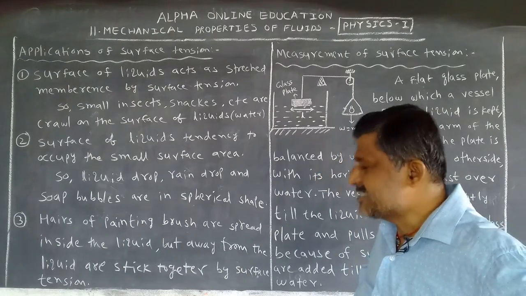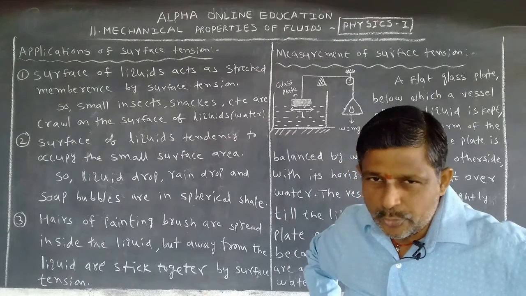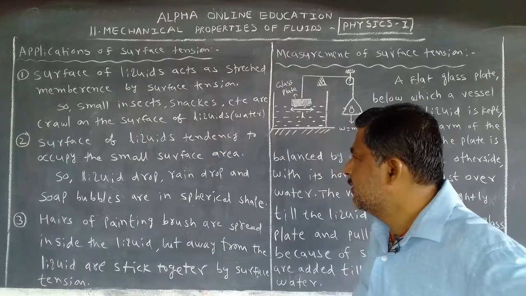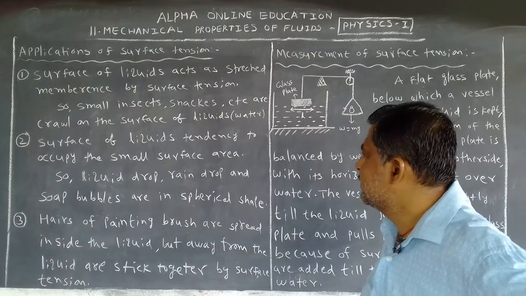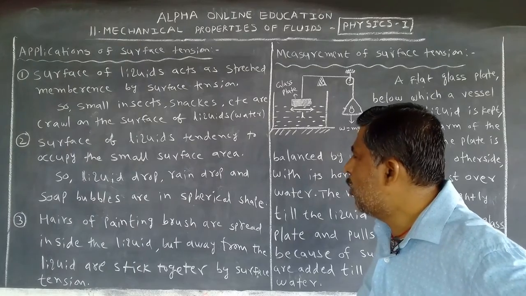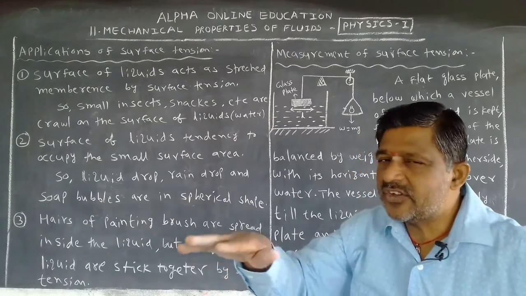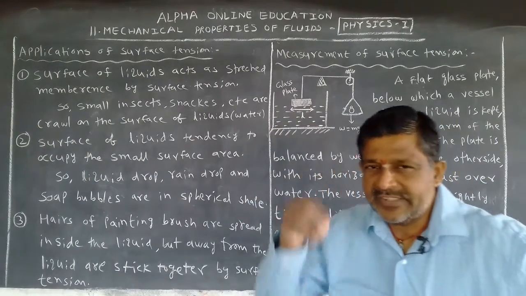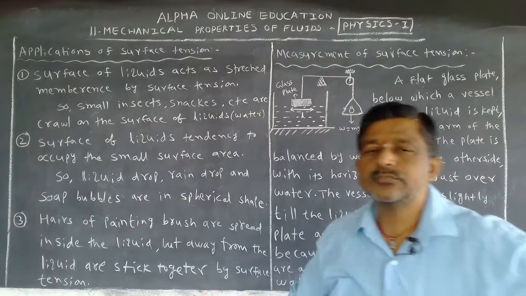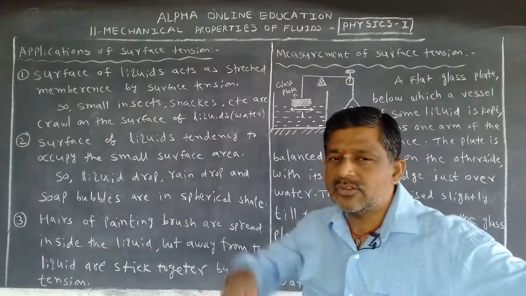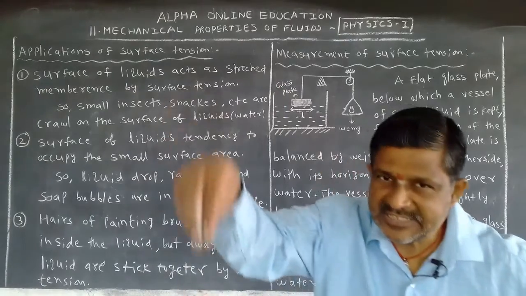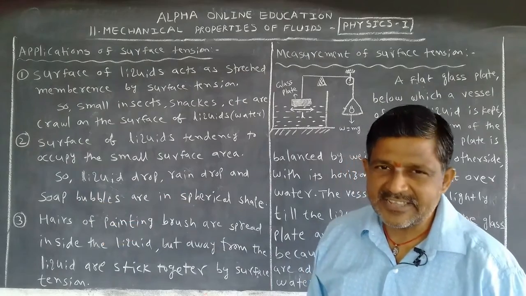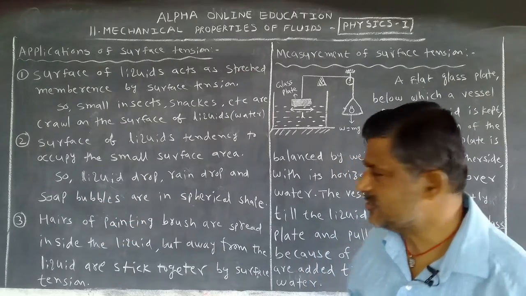So small insects like mosquitoes, flies, etc., and snakes can crawl on the surface of liquids or water. They can't sink. Small insects can easily crawl, snakes also crawl, but do not sink in the liquid. Why? The surface of the liquid acts like a stretched membrane by surface tension.